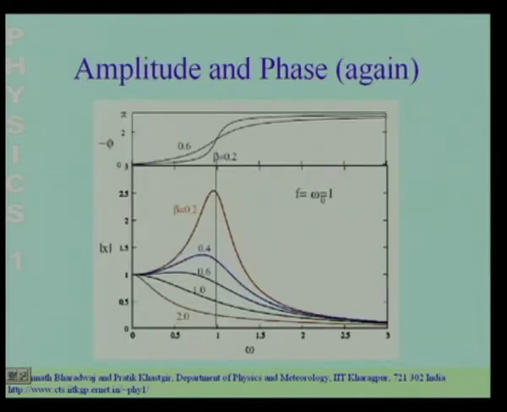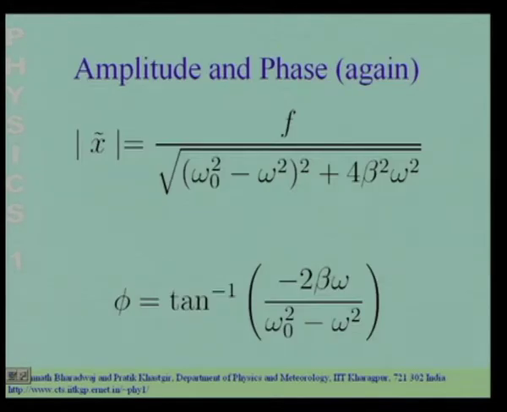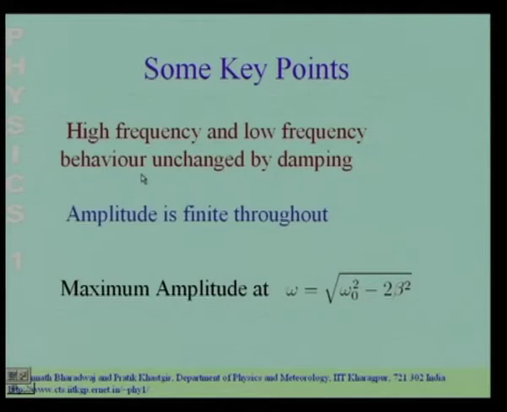Now, you can easily check by differentiating this expression for the amplitude. You could easily determine the value of the angular frequency omega where you have a peak in the amplitude of the displacement, and this turns out to be at the value which is given over here. So, you have a maximum amplitude at omega equal to the square root of omega naught square minus 2 beta square.